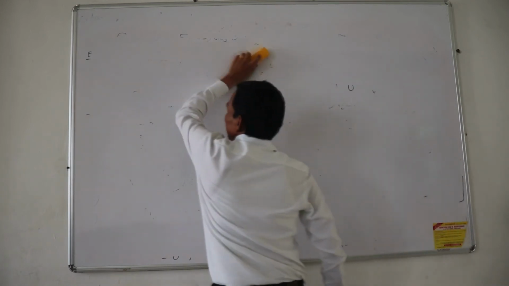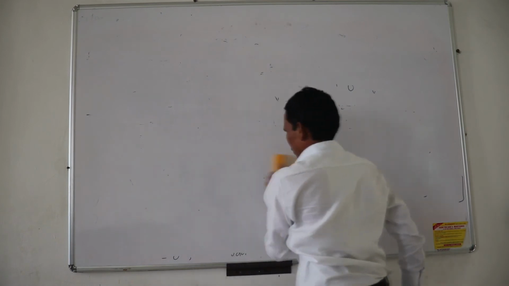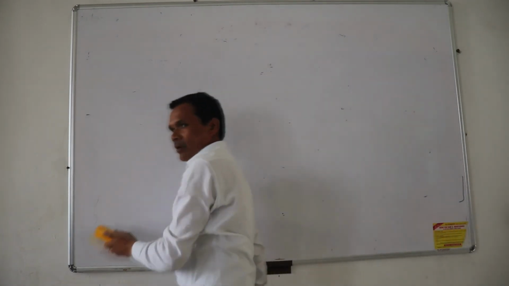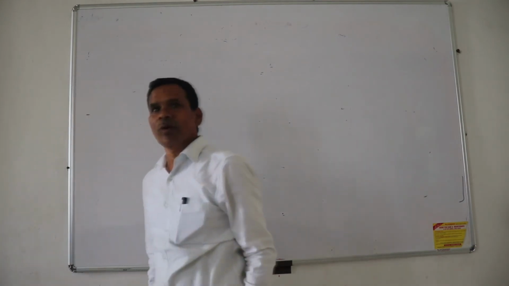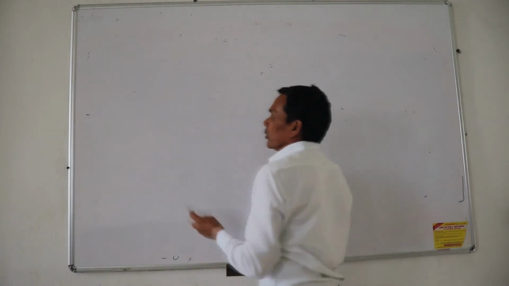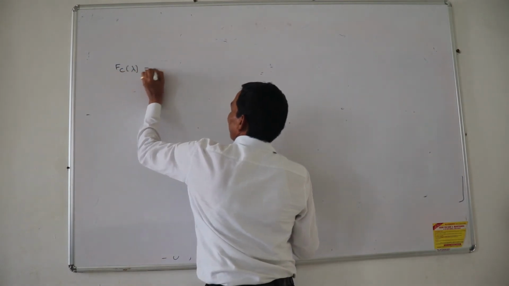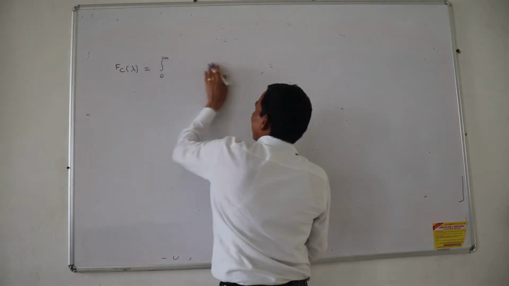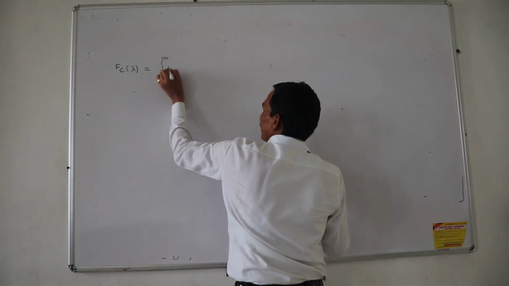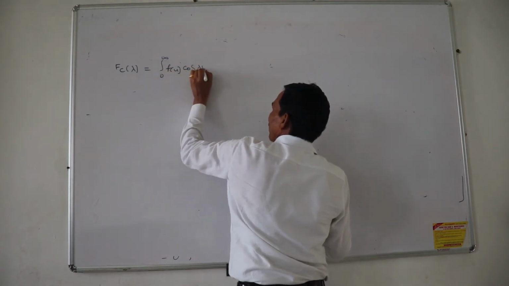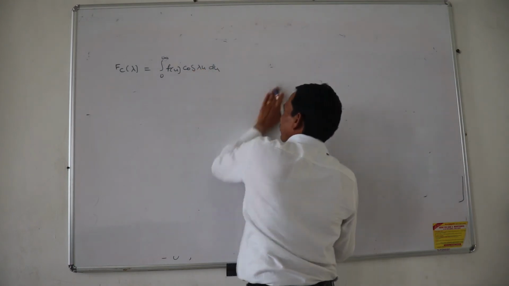For your cosine transform fc lambda, it is defined as the integral from 0 to infinity of f of u into cos of lambda u du. You can find this.